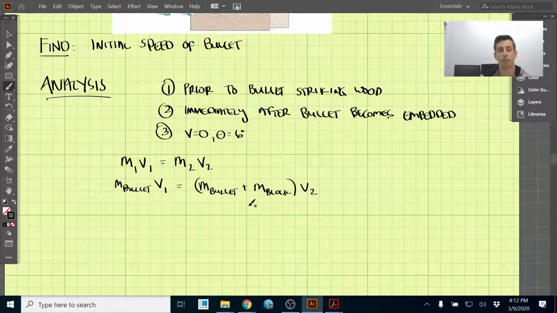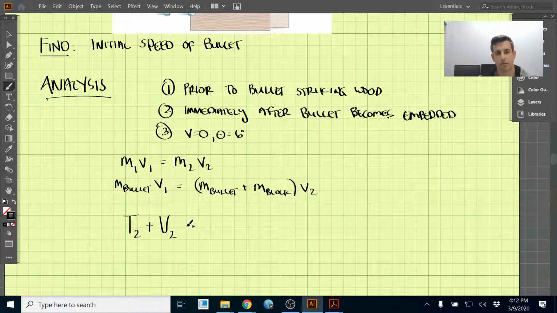And we don't know v1 or v2 in this equation, and that's where we need to go into our conservation of energy equation. Okay, so in our conservation of energy equation, we have the kinetic energy at state 2 plus the potential energy at state 2 equals the kinetic energy at state 3 plus the potential energy at state 3.